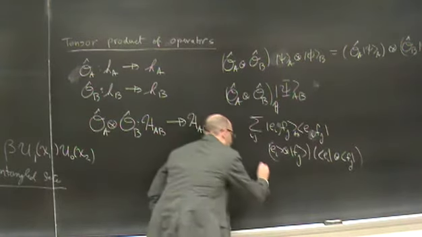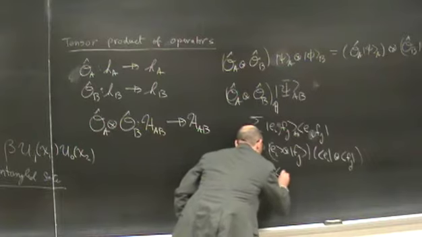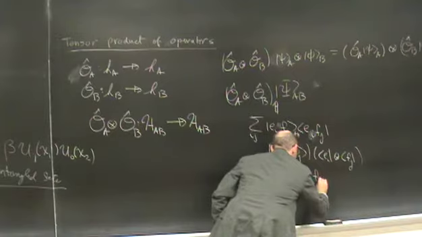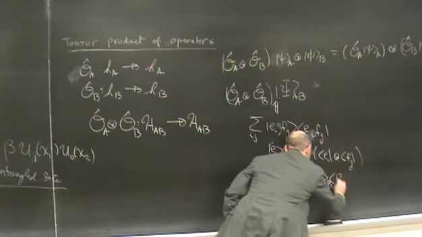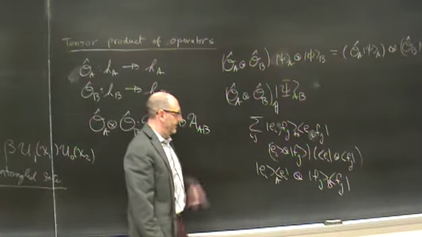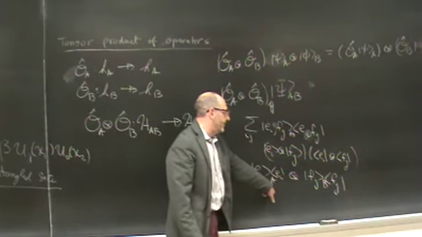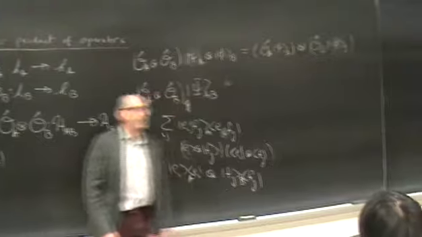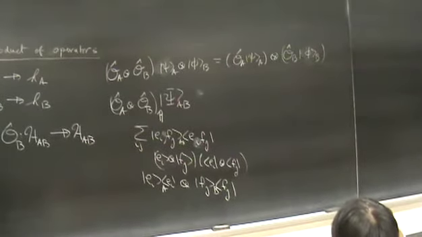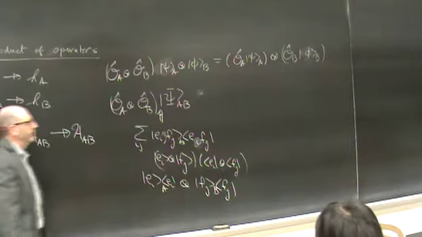Or I could think of this as the projector A tensor the projector B. That's also equivalent, because one is an operator that acts on Hilbert space A and the other acts on Hilbert space B. They're all the same, just written different ways.